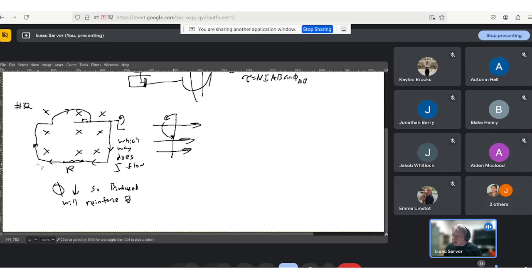So that means that if there's a positive end, it's going to be here, and my minus end is over here, because electrons are weird. Questions? Make sense? Hearing none.